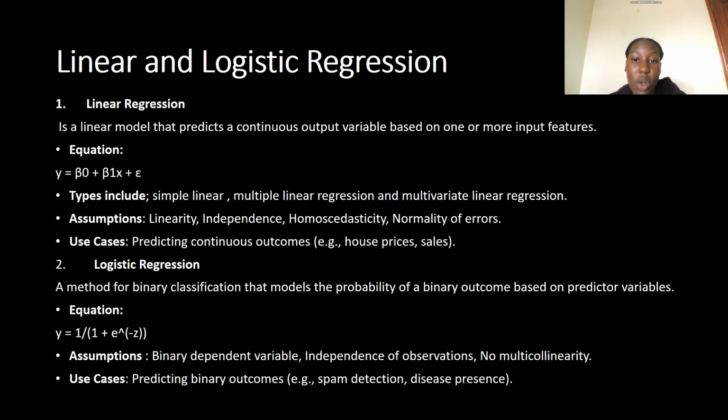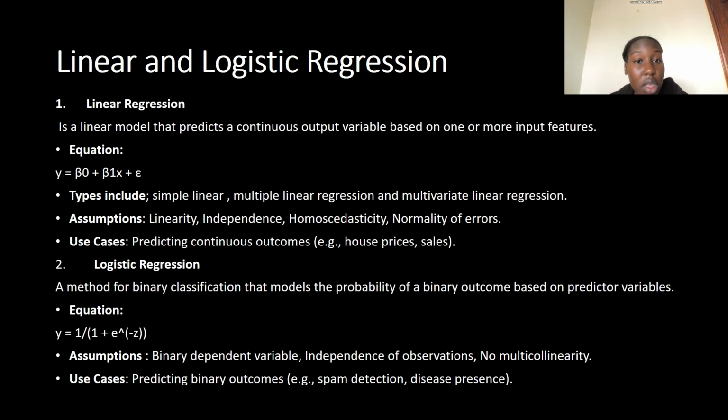And in that equation, y is a continuous output variable, x is the input feature, beta 0 is the intercept or the bias term, beta 1 is the slope coefficient, and epsilon is the error term, which represents a random variation in the data.